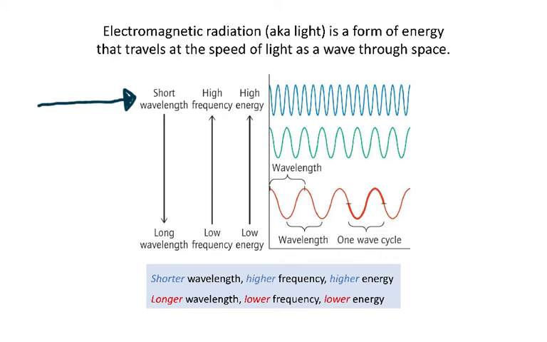Mathematically, the curvature of the wave relates to energy, and so something that has more waves is more highly curved. But if you just remember short wavelength, high frequency, high energy. At the other extreme, longer wavelengths, lower frequency, lower energy.